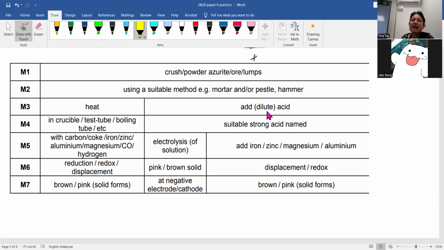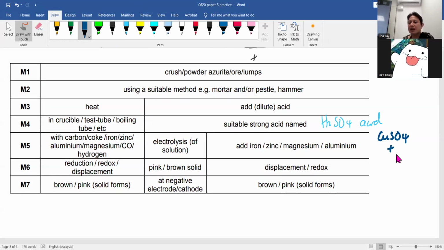If you add acid like hydrochloric acid or sulfuric acid, you must name the acid. You cannot write in your exam strong acid. You have to write I add sulfuric acid. If you add sulfuric acid, you will get copper 2 sulfate.